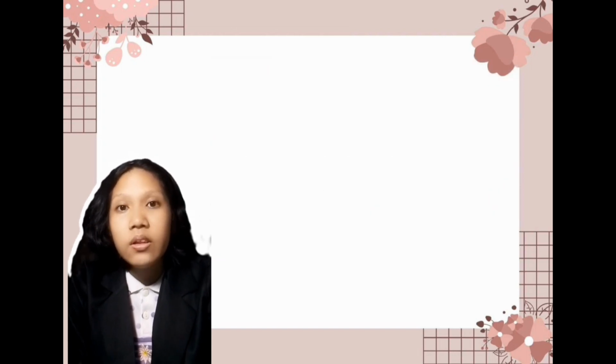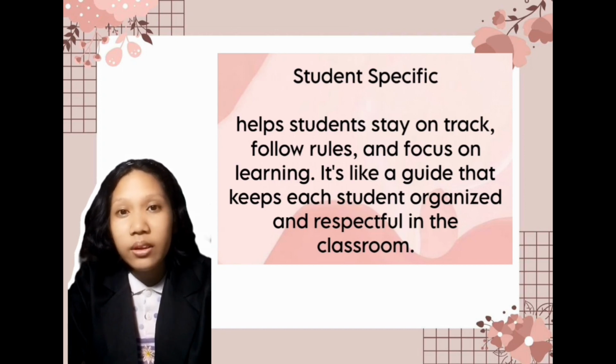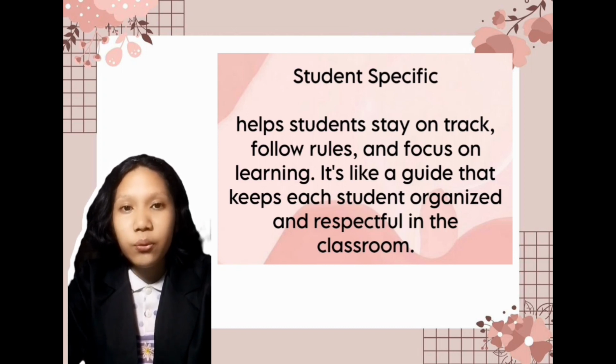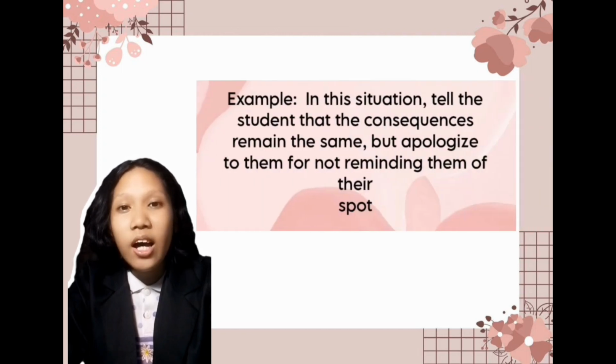Up next, student specific. When responding to misbehavior, take into account the social, emotional, and cognitive skills of the students, as well as what was happening in the situation. The consequence for a student might be the same, but you might practice more with this student or have them reflect on their behavior. For example, you have a student who always pushes in line.